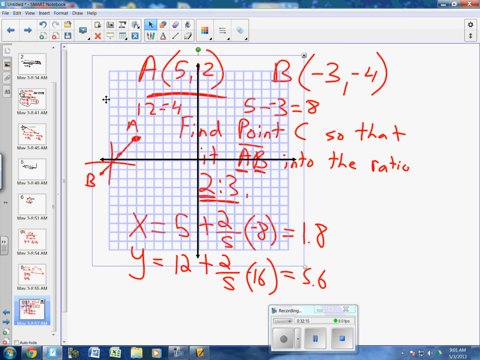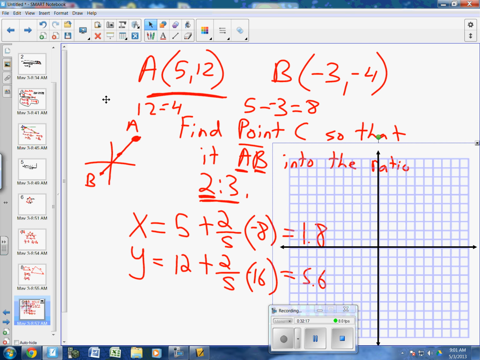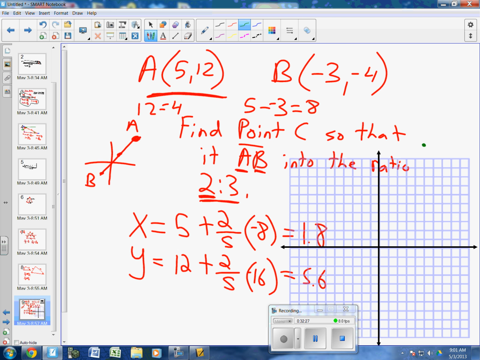We're going to put this down here. (5, 12). 1, 2, 3, 4, 5. 12 would be about 1, 2, somewhere right in there. And (-3, -4). 1, 2, 3, 1, 2, 3, 4.